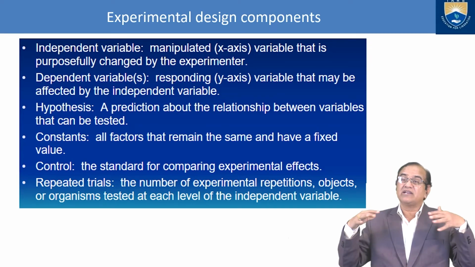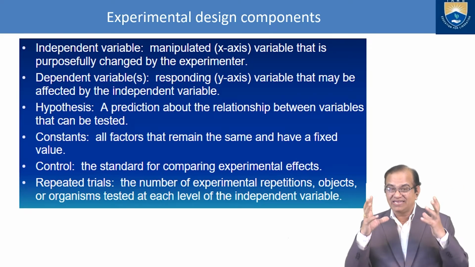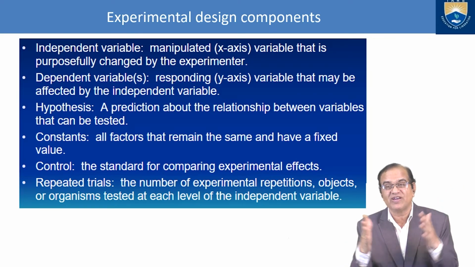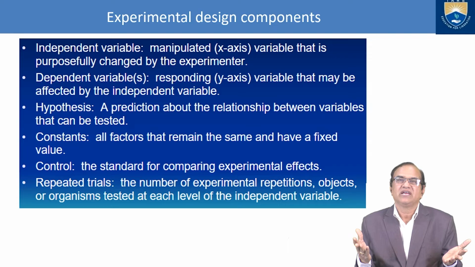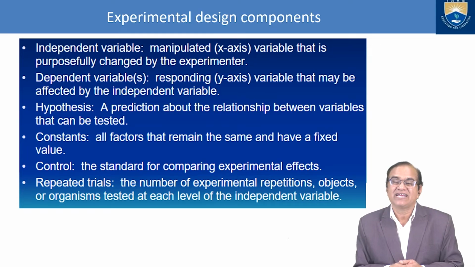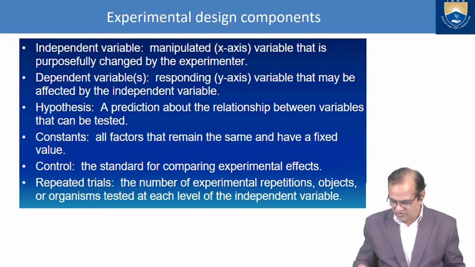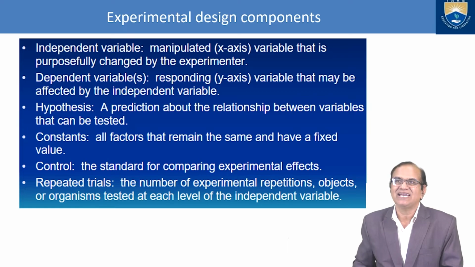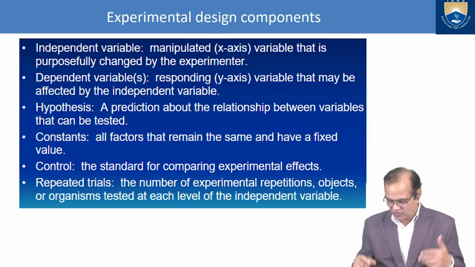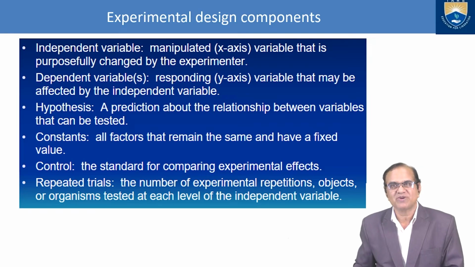So we have to conduct many experiments, and then you see how much variation of the dependent variables is taking place in each experiment and whether it is acceptable or not. So this is experimental design, and these are the components which we all have to learn before we proceed to any project-based learning.